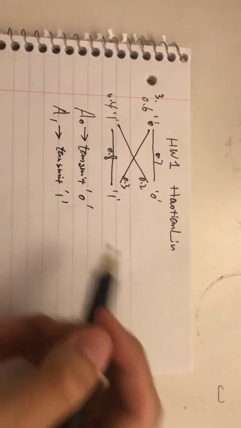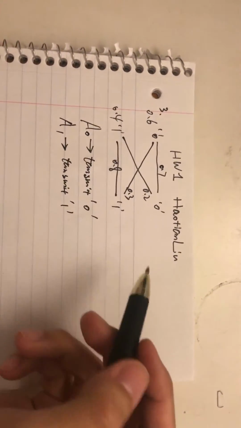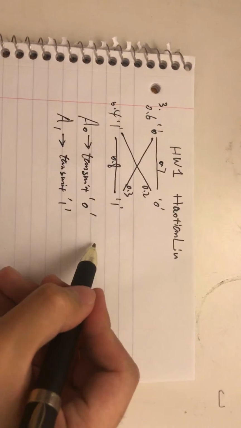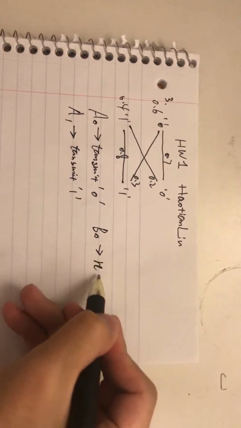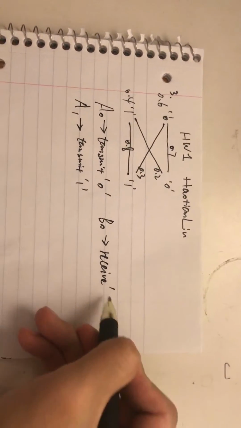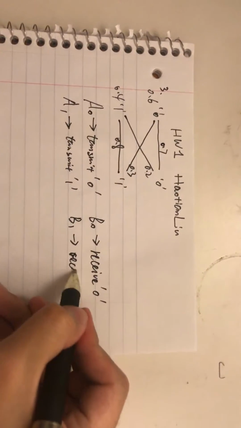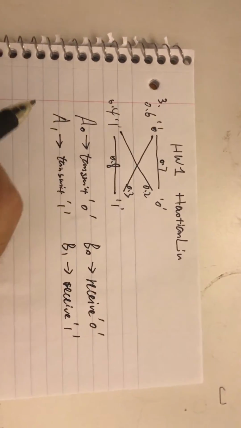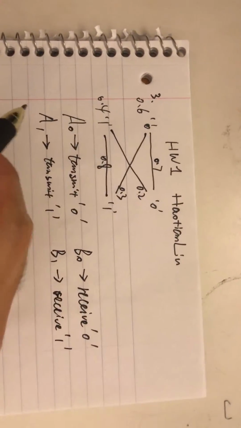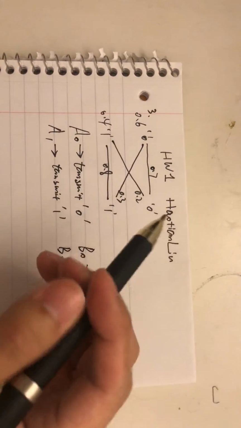Similarly, there are two outcomes for receiving data, so we use B0 to mean receive 0, and B1 to mean receive 1.